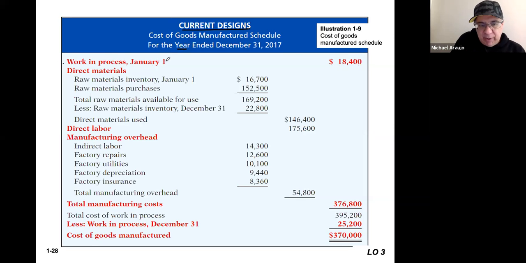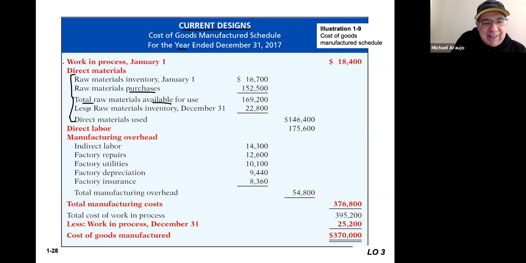That's their starting point. What they do then is they take all of the direct materials. In this case, it's the beginning raw materials from January 1st. They add all of the purchases of raw materials through that year. That gives them the total raw materials they have available to use in the process.